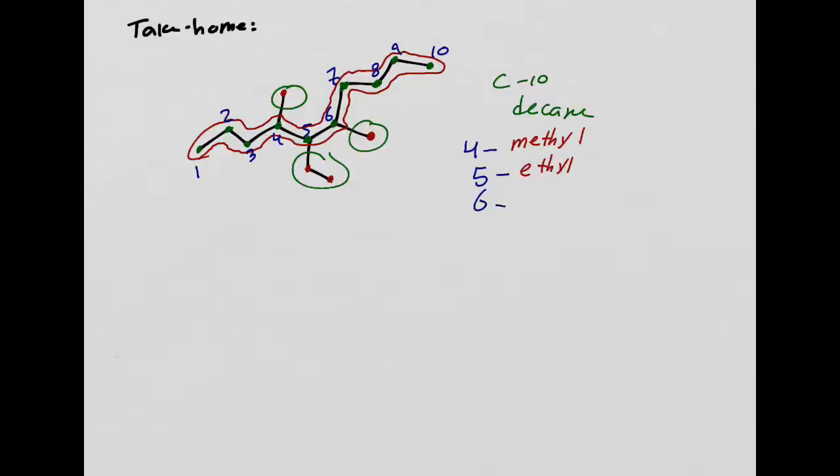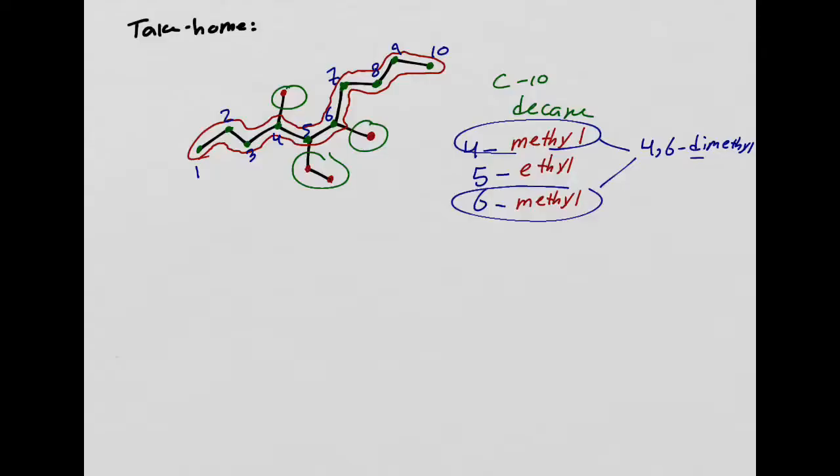Again, we can look at the branch. The branch has only 1 carbon, so it's methyl. Now, I have 2 of the same type of substituent. They both are methyl. If you do that, you combine them and you use prefixes. So this is 4,6-dimethyl. Dimethyl because I have 2 of the methyl, right?